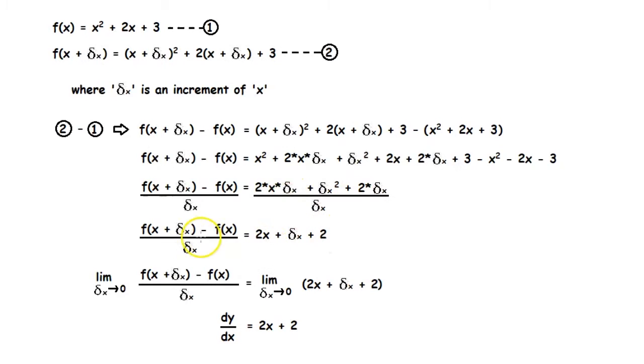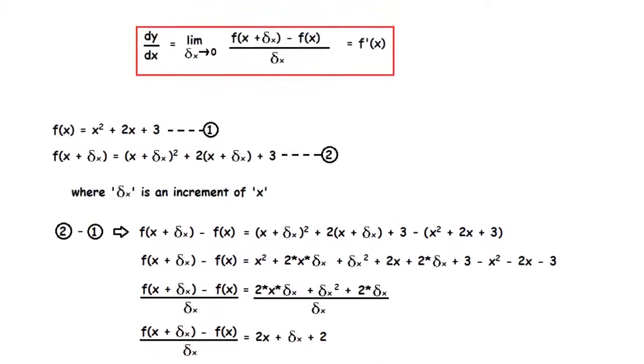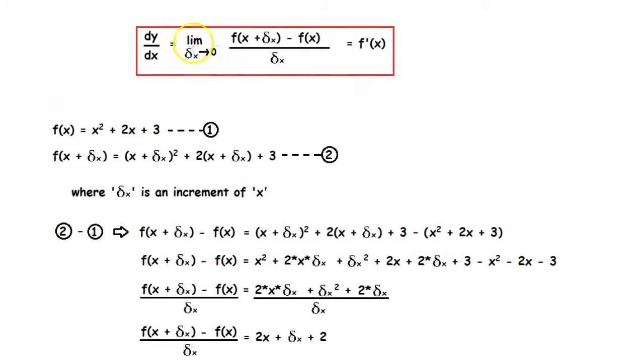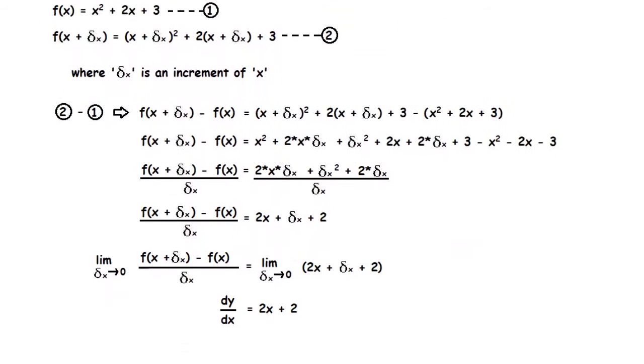Now the only thing remaining when we compare this part and this part is that we need the limit. So we add the limit to both sides of the equation. So limit of f of x plus delta x minus f of x divided by delta x as delta x tends to 0 will be equal to limit of 2x plus delta x plus 2 as delta x tends to 0.